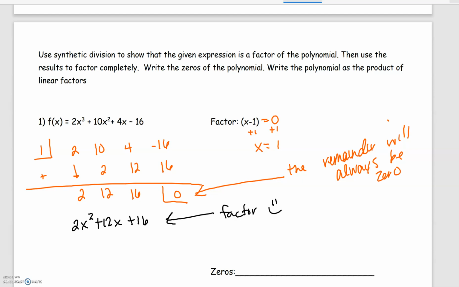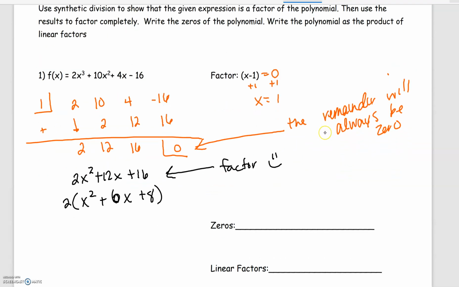So I can take a 2 out, as it has a GCF of 2, and divide every single term by 2. And now I'm going to come up with the factors of 8 that add to get 6. Since this is an x squared, I know it's going to be an x and an x, and the factors of 8 that add to get 6 are 2 and 4.